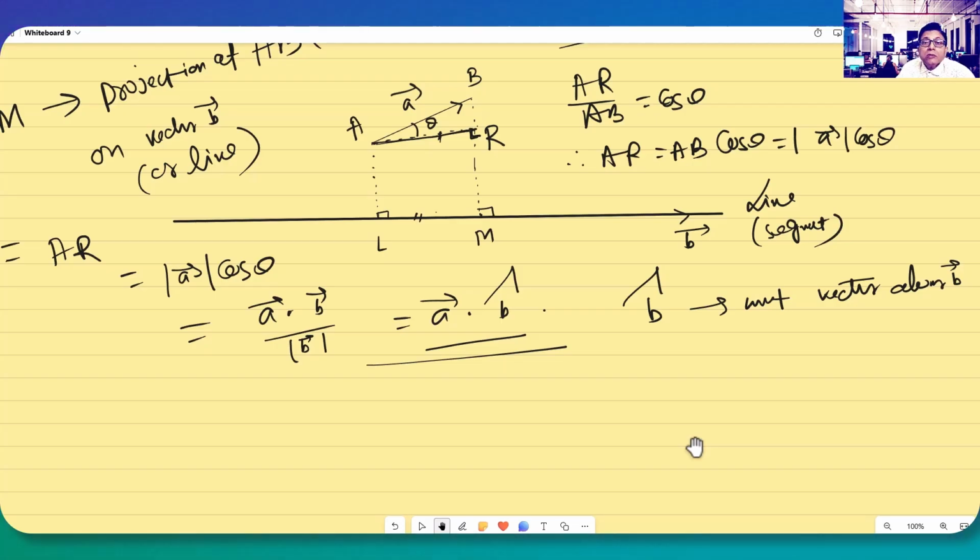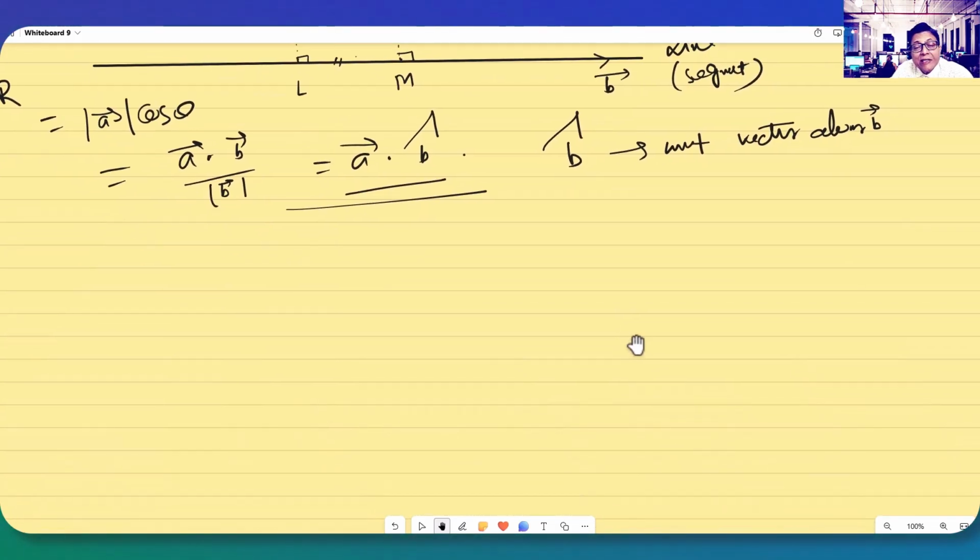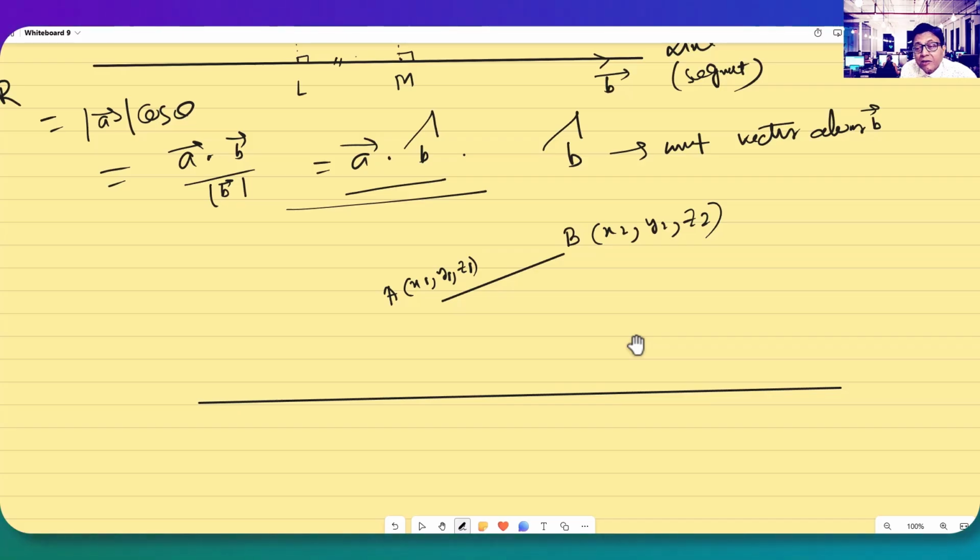Now, we want to find the length of projection, say, of line segment whose two extremities are given. We don't know whether it will be a vector or not, but this extremity is given x1, y1, z1 and this one x2, y2, z2. Your problem is to find the length of projection on this line segment whose direction cosines are known.